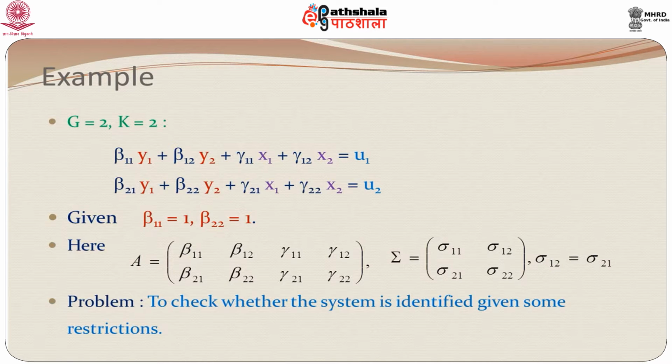So, the diagonals are the variances of U1 and U2 respectively, and the off diagonals are the covariance between U1 and U2, and obviously the covariances have to be equal because this is a symmetric matrix. And here what we will be looking at is the conditions under which the equations are identified. We will be looking at both the equations together.